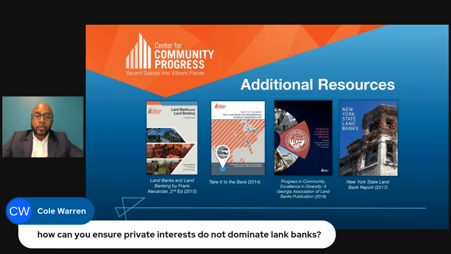I think having a voice within the land bank, whether it's through advisory committees, through partnerships, or through board representation, is an amazing way to codify it, to make sure that there will always be this bit of partnership.